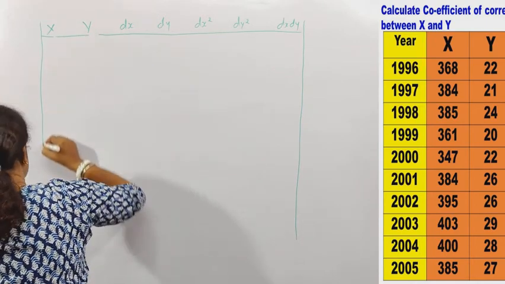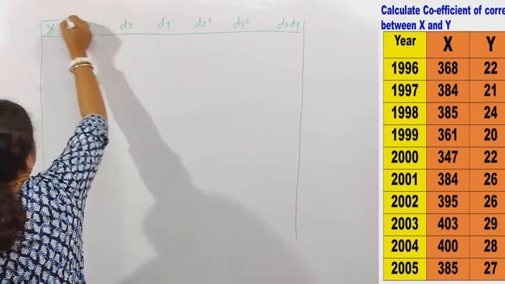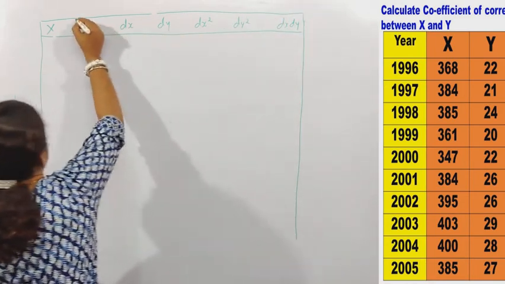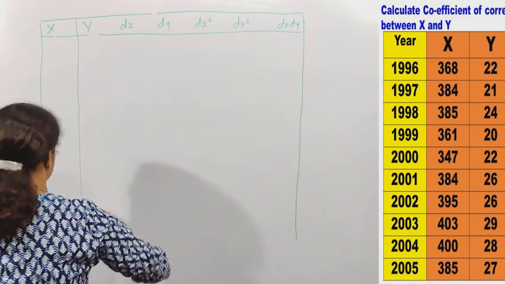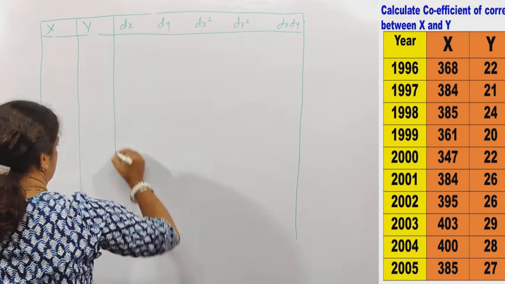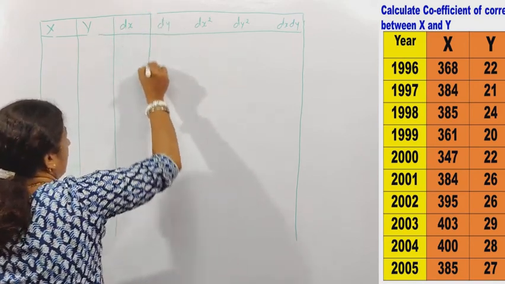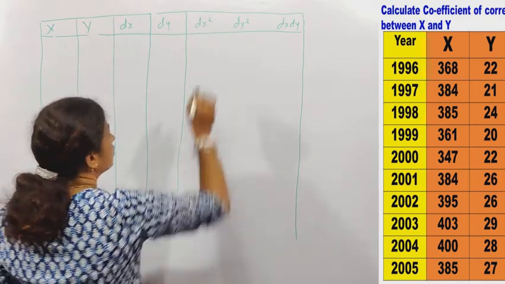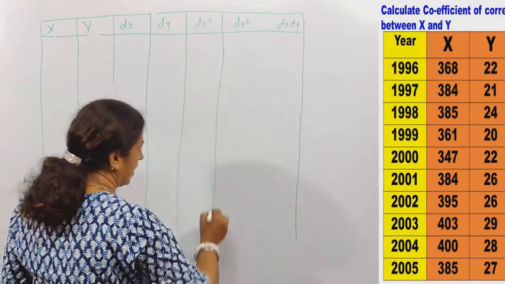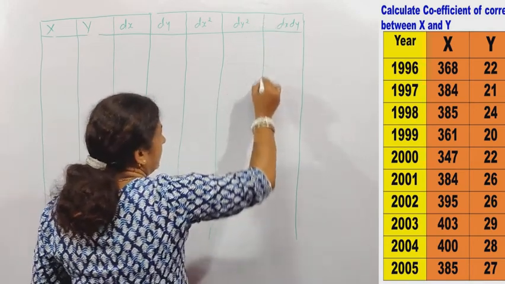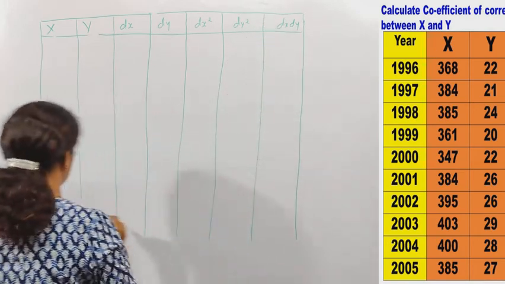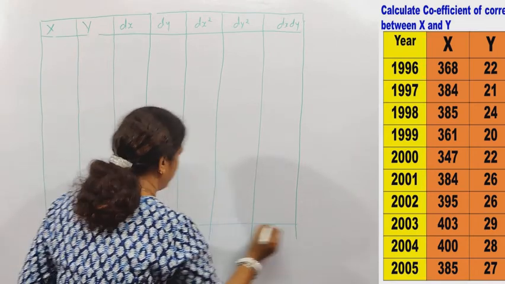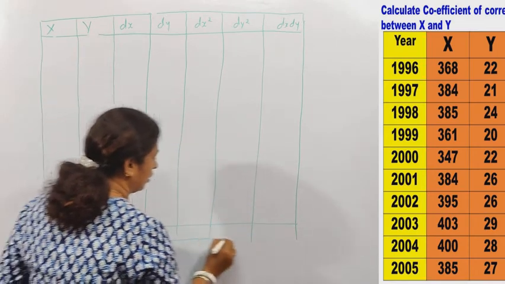Use a pencil and scale to draw a neat table, because to get full marks you have to draw a neat table. Okay. After drawing this, let's go on to calculate the values of dx, dy, dx square, dy square, dx into dy. The last row is for the total of these columns.